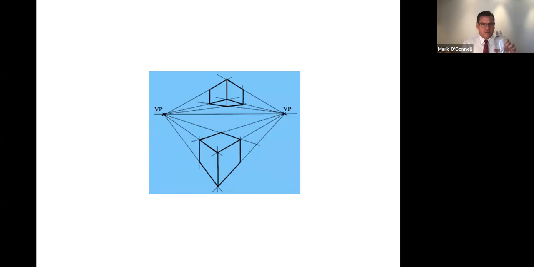So 2 point perspective has 2 vanishing points. Simply, you have a left one and a right one. And the only line that is consistent and fixed is the verticals on this one, right?